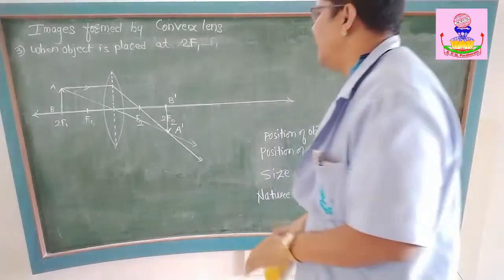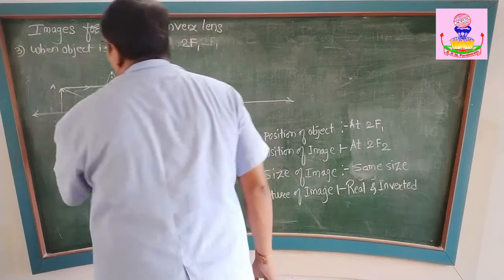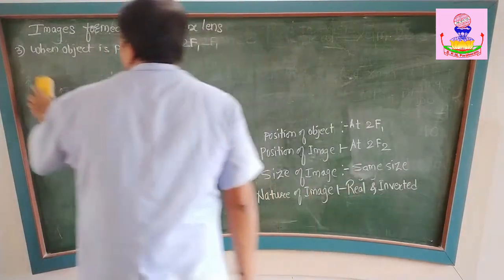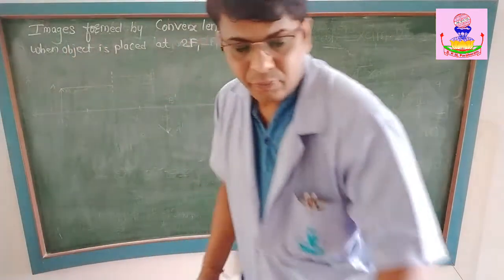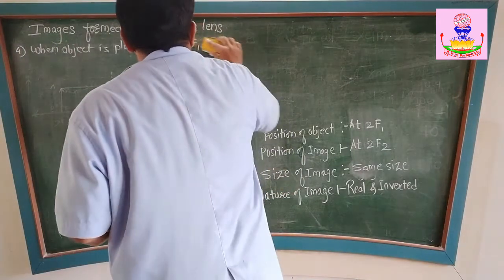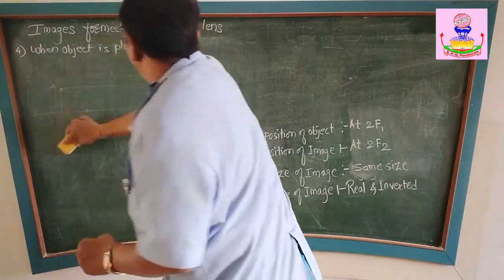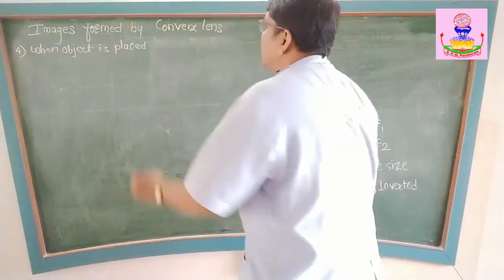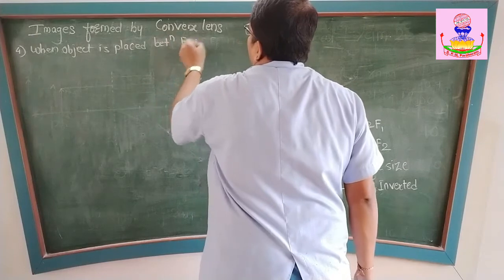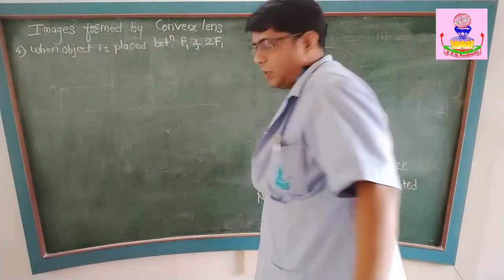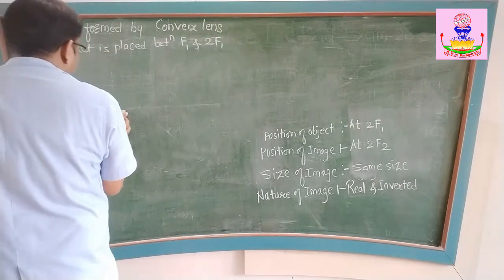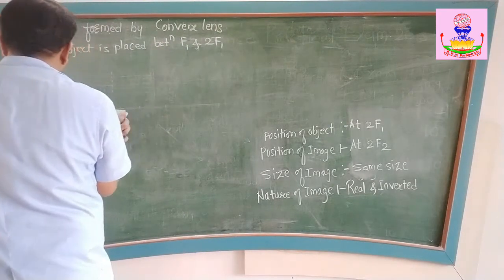Right. Now, after this, let us go for the fourth position, when the object is placed between F1 and 2F1. So as usual, draw the principal axis.